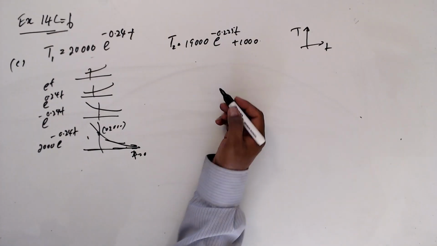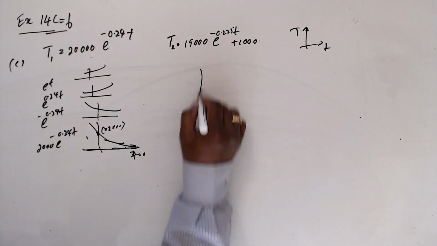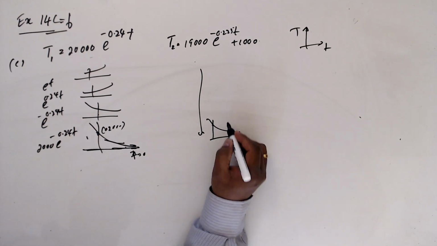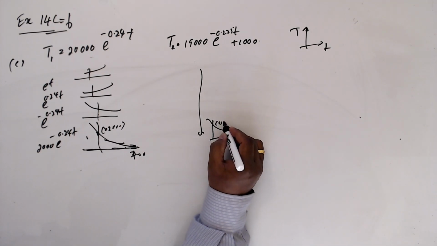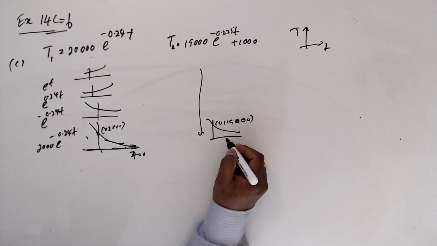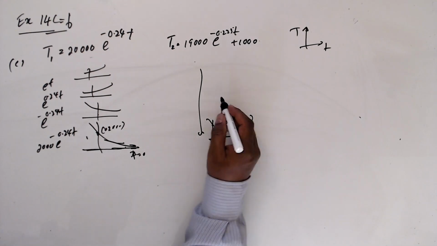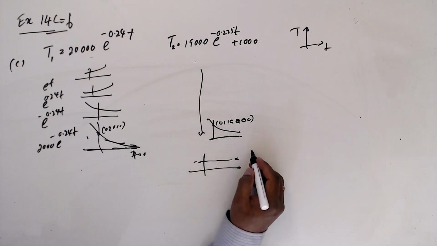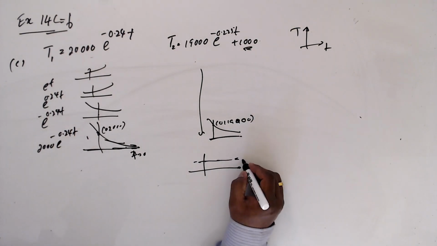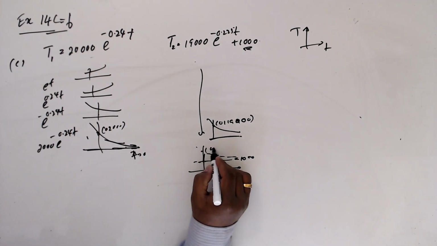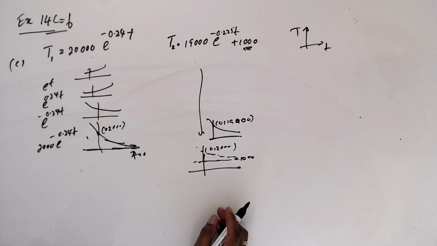Now for the other one, after this step we have to shift it. Then we end up with 19,000, and I want to shift everything up by one unit. It means the asymptote now becomes 1,000, because we bring it up by 1,000, and this 19,000 becomes 20,000. So this is the plan.